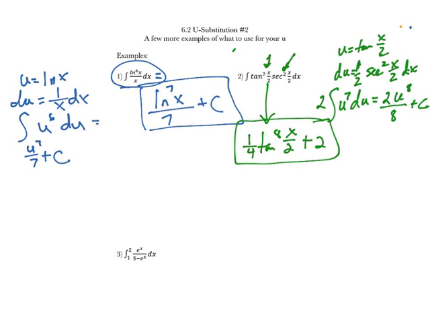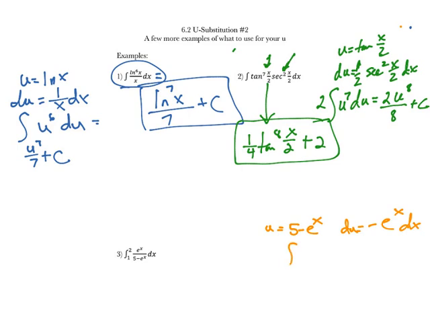Well, in this particular case, I'm going to let all of the denominator be u because du is just negative e to the x. And I have an e to the x in the numerator, e to the x dx. I have an e to the x in the numerator of my original problem, so that's going to work out well.